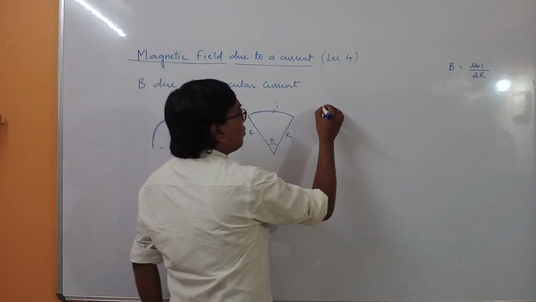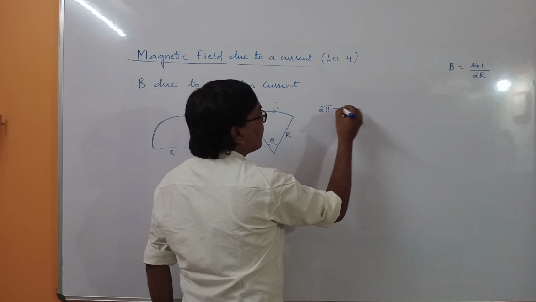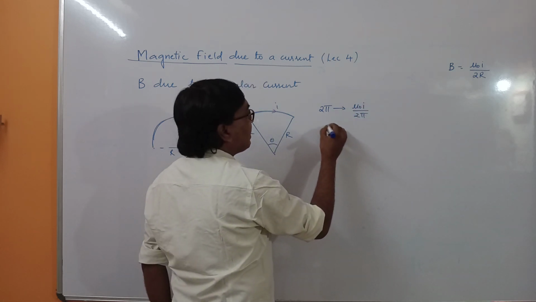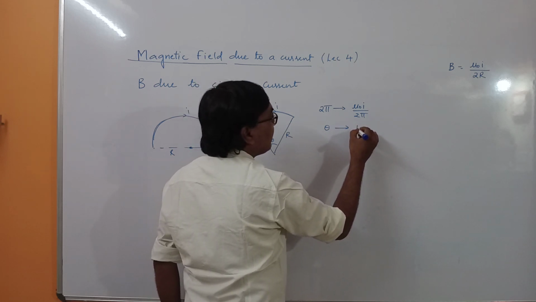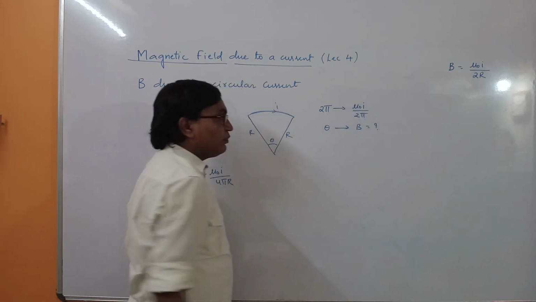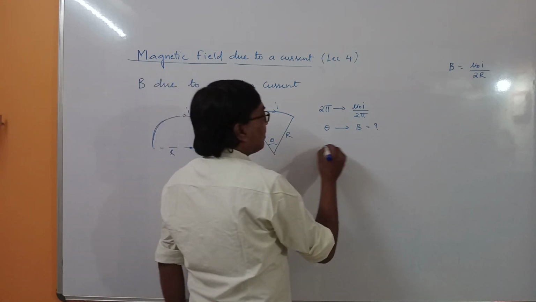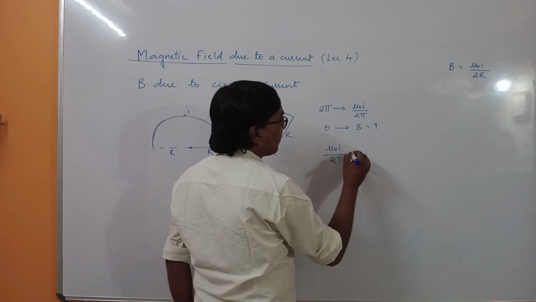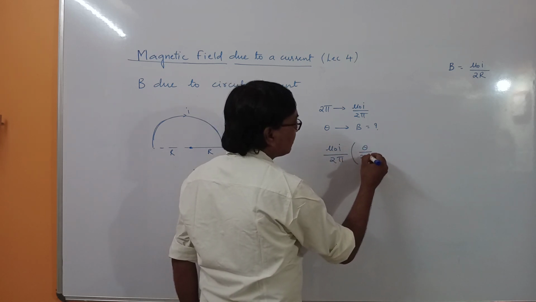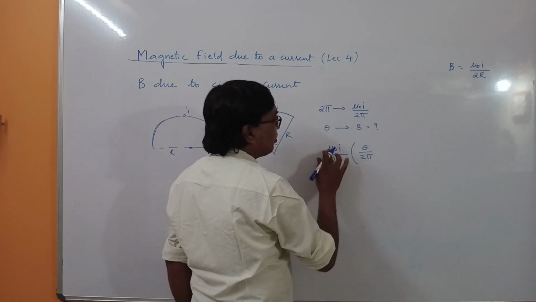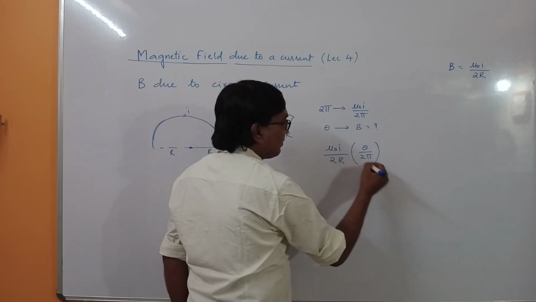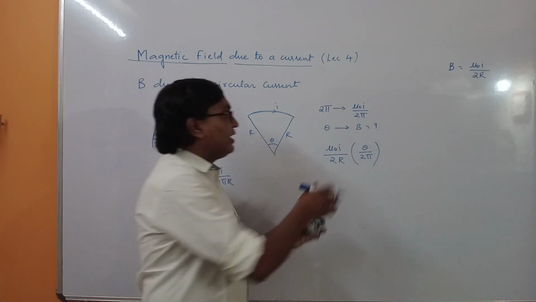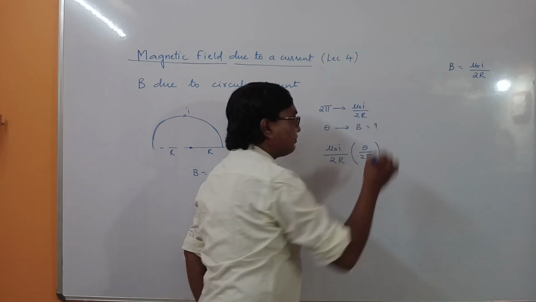For 2 pi radians, the magnetic field is mu naught I by 2R. Then for theta radians, how much will be the magnetic field? It is very simple. For 2 pi angle you have magnetic field mu naught I by 2R.